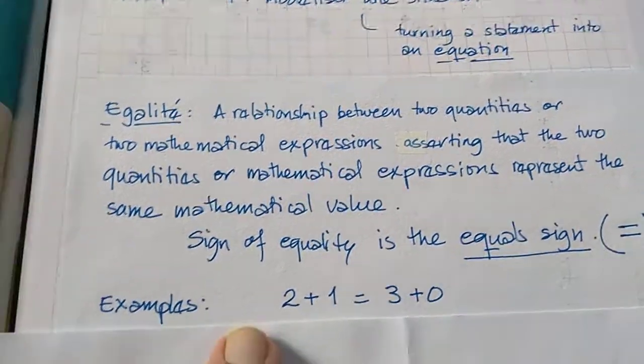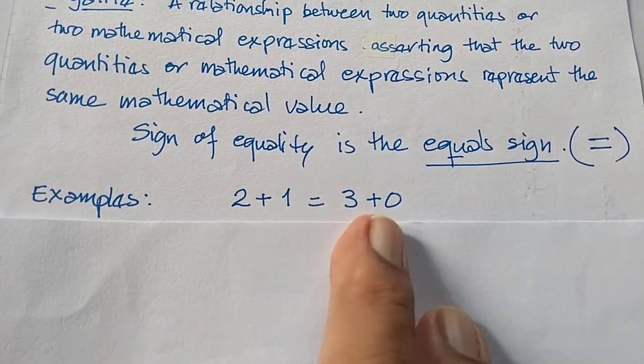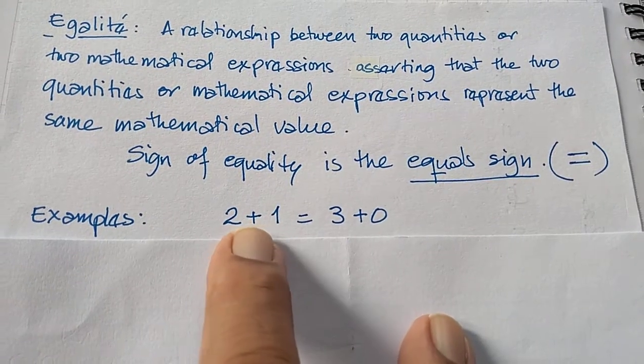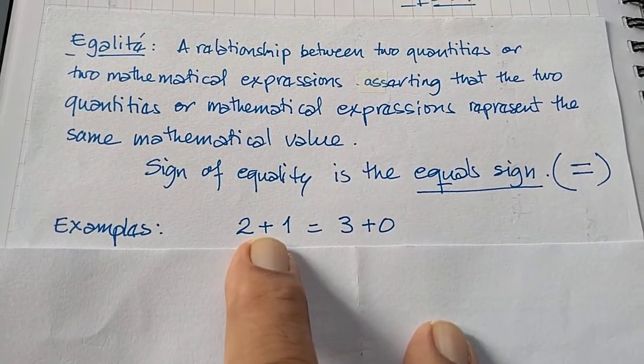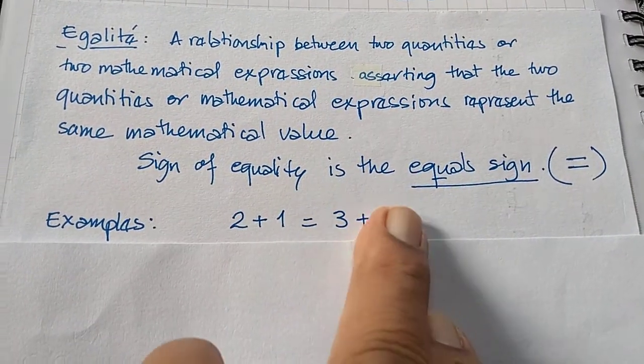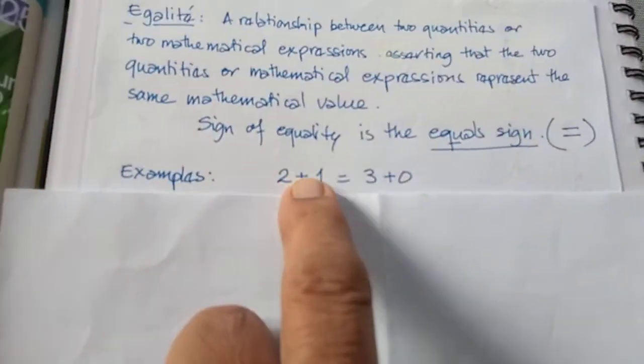Two expressions are equal. So the sign of equality is the equal sign. You know that. So for example, 2 plus 1 is equal to 3 plus 0. This is an equality. The left side, the first expression, is equal to the second expression. Here he says two quantities or two mathematical expressions, so here we take it as that.